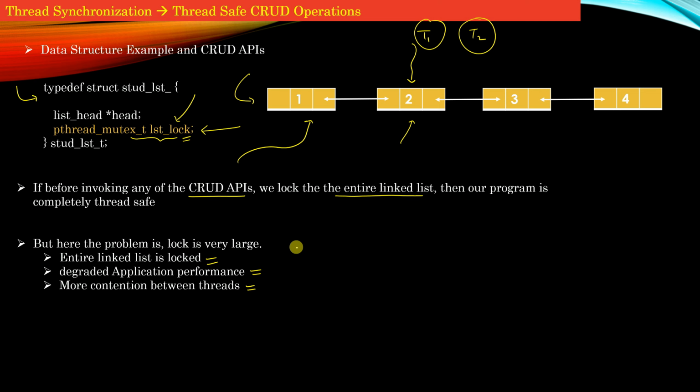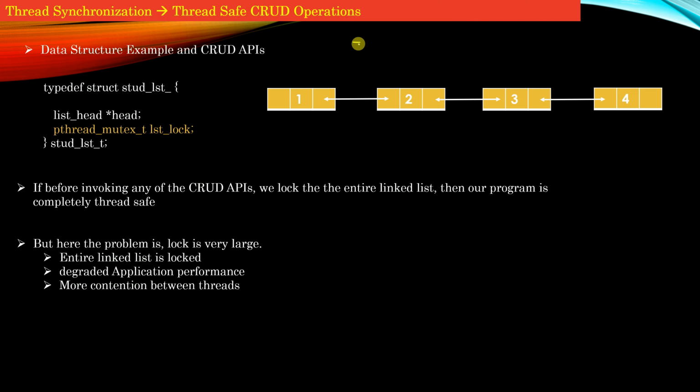So for example, let's say thread T1 wants to perform a read operation on the student whose roll number is 2, whereas thread T2 wants to perform a read operation on the student whose roll number is 3. Be noted that whenever any thread wants to perform any type of operation on the linked list, the thread will lock this mutex, and when the thread is done with its operation, it will unlock this mutex.